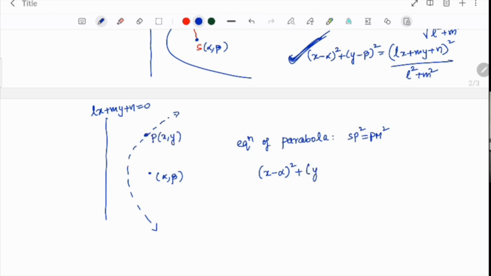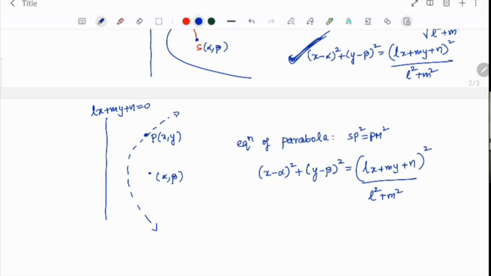SP square means x minus alpha square plus y minus beta square is equal to PM square. Find the perpendicular distance from the point to the directrix, then square it. So you get lx plus my plus n whole square divided by l square plus m square. Observe the denominator here: it is the directrix x coefficient square plus y coefficient square.